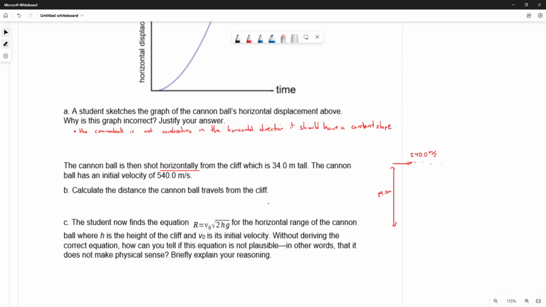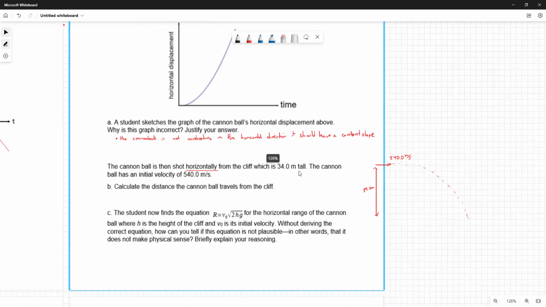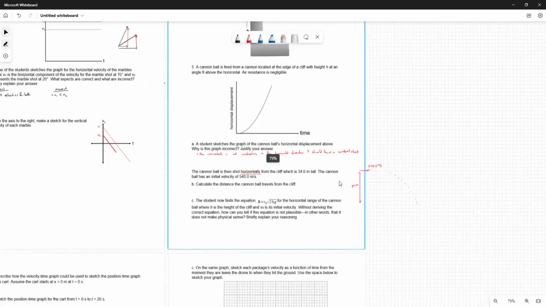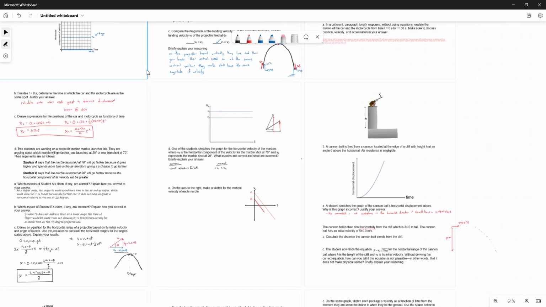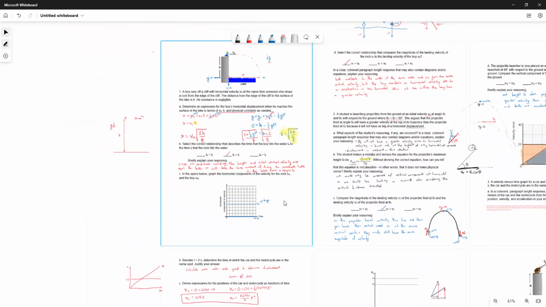It's going to drop eventually, right? We want to know what the x value is here. Funny enough, we did a calculation for this earlier, so you could work it out again if you wanted to. But I'm just going to go back to question number 1. Look at that boy jumping off the cliff and look at my range equation there.